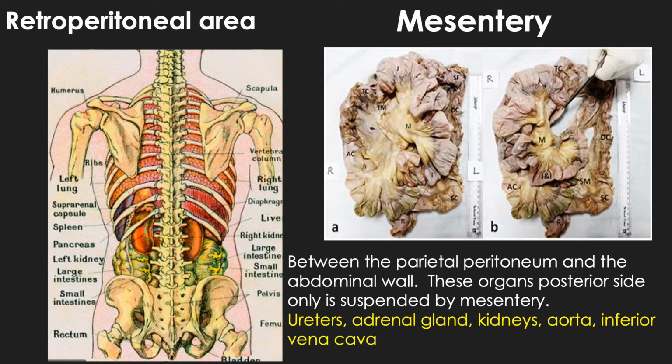I always pictured it as like cobwebs holding up those organs, but mesentery is actually an organ that attaches to the posterior abdominal wall. So your organs like your uterus and your kidneys and your inferior vena cava, they are all attached to your body only by the posterior side with this mesentery. So just something to keep in mind if you have a patient suffering from a deceleration injury.